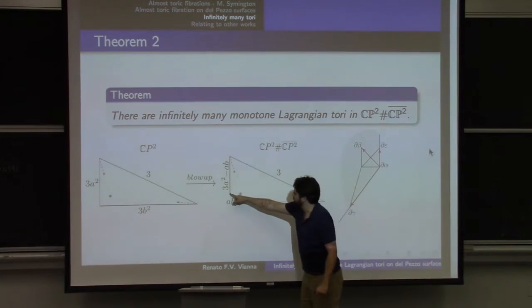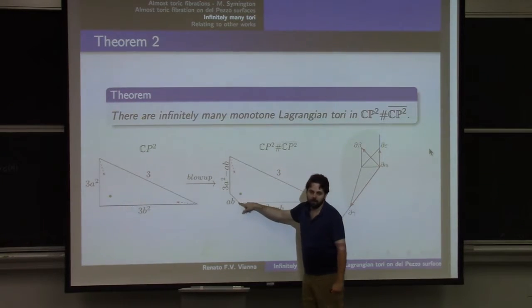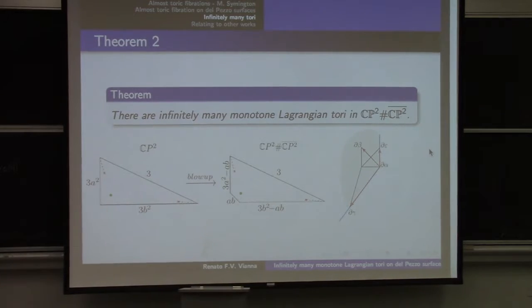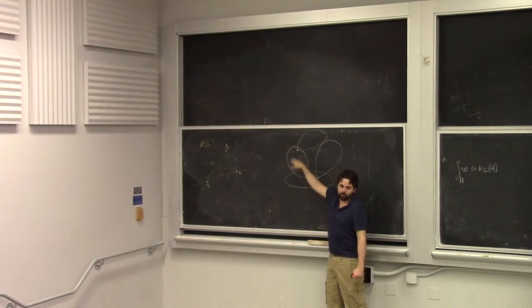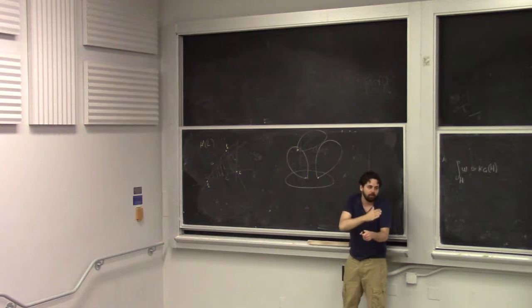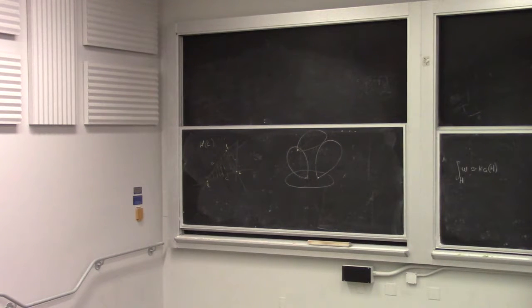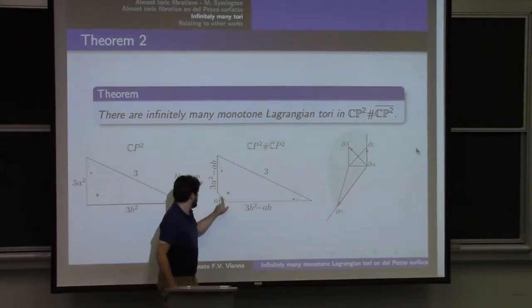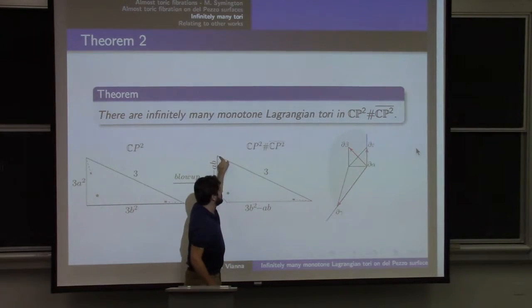But this one here, that has Chern number 1, which means Maslov index 2, already has the area of a Maslov index 2 disk. So it will not appear as one of the spheres of this limit, because here I already have some area. So the intersection with this divisor here will still be positive.